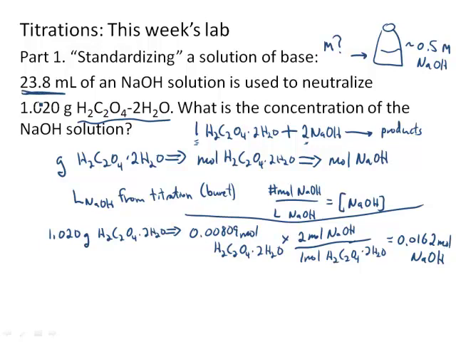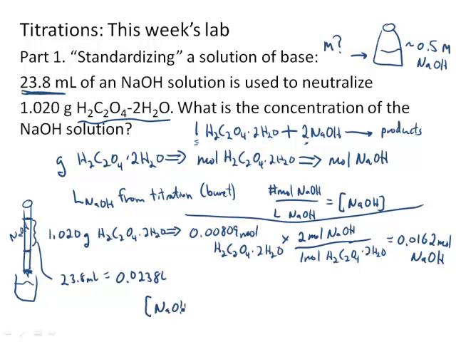So you now know how many moles of NaOH were consumed in your titration, and you measured the milliliters of NaOH when you did the titration. You have a burette here, and you have your NaOH in it, and you measured how much NaOH you had when you started, the NaOH went down into your reaction, you measured how much you had when you were done, and that difference was 23.8 milliliters, which equals 0.0238 liters.